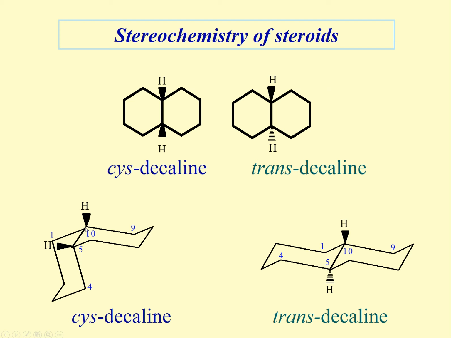Cis axial position of two vicinal hydrogens corresponds to cis decaline, and vice versa. Transdecaline possesses both hydrogens in axial position, and different steroids belong to these two series, either to cis position of two hydrogens or to trans position.